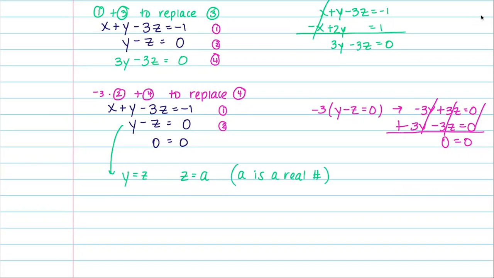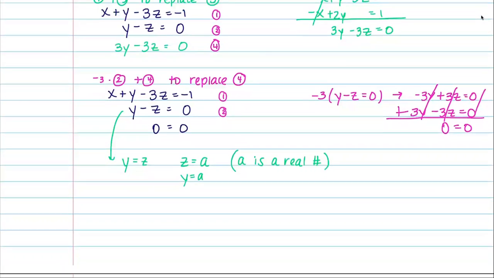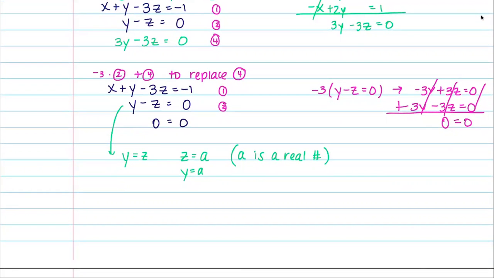Okay. And what I'm going to do is use this a to rewrite my solution, or to give it some structure. I know z equals a, which means y equals a, right? Because they are the same. Now I can take these two solutions and substitute them back into my equation, and I'm essentially solving for x.